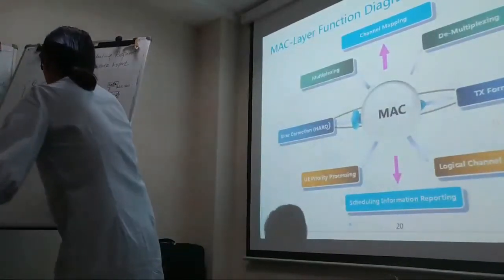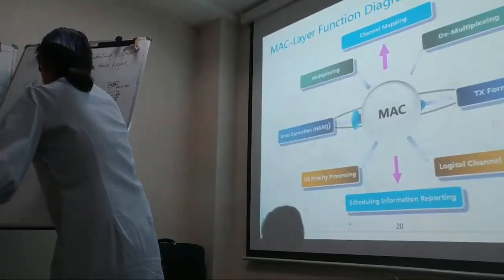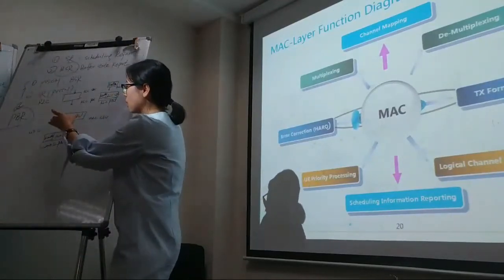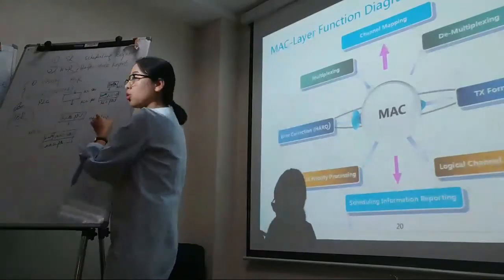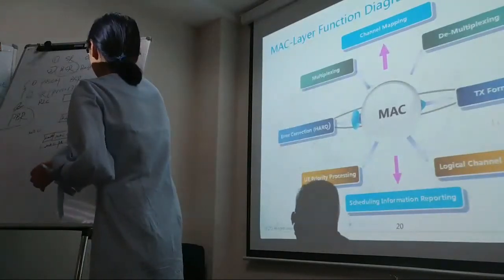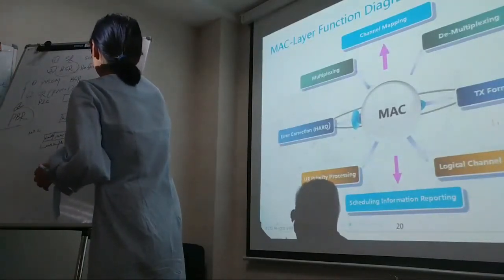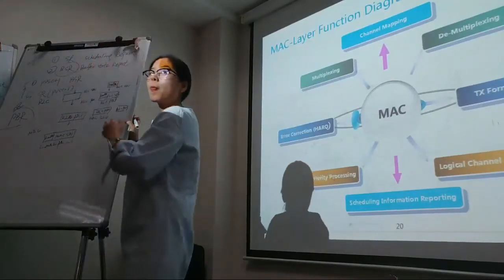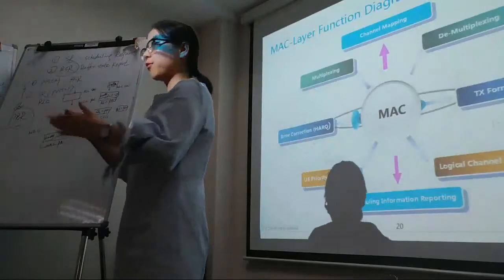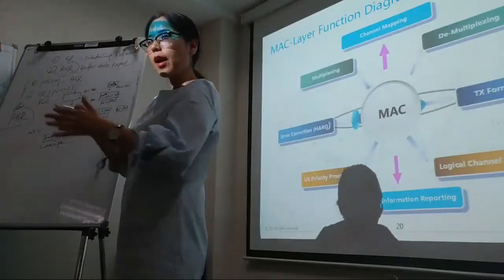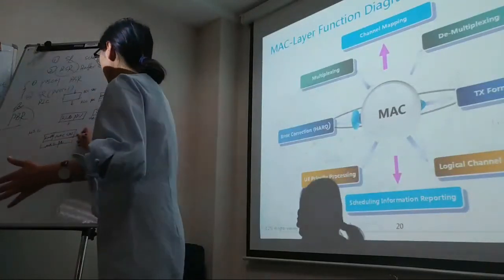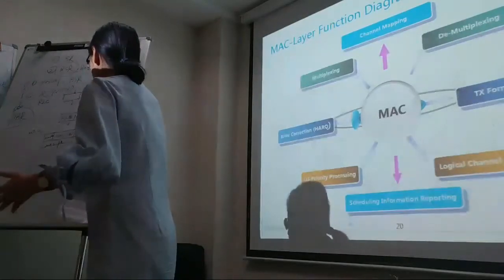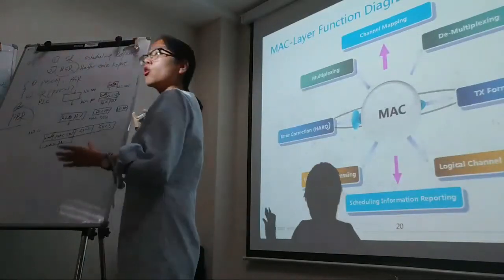Okay, this is a MAC PDU. So one PDU may contain many SDUs, so it may contain many RLC PDUs, like this. And how many? If I have enough resource, I have many SDUs: SDU 1, SDU 2, SDU 3, like this.